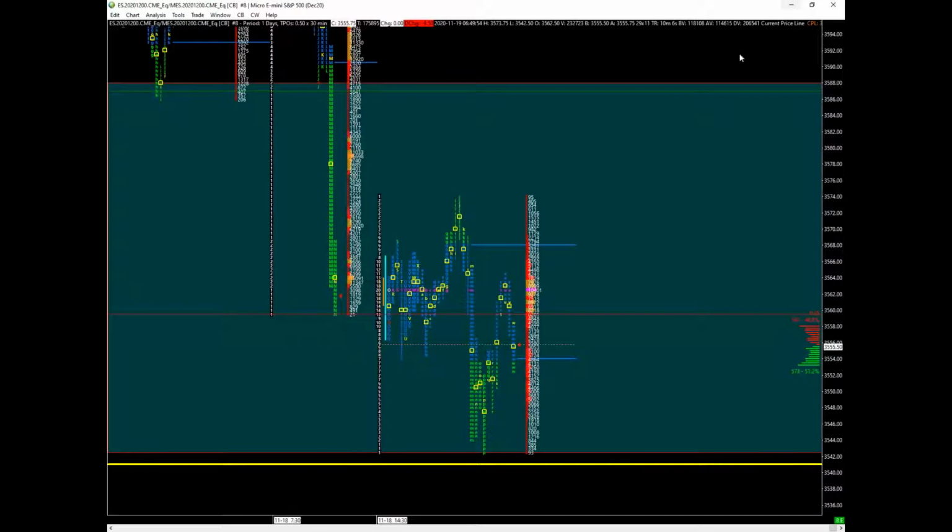Holding this level, we just start to move back up, and that could very well happen. We talked about in the webinar yesterday, I like to see a body of a profile build inside this spike and then either choose to break out or reject and move back to the upside.